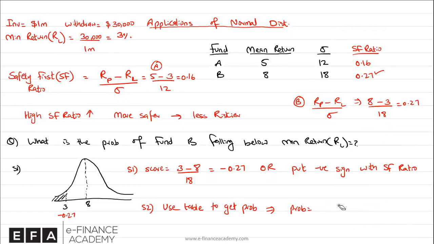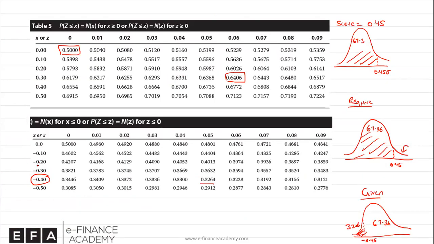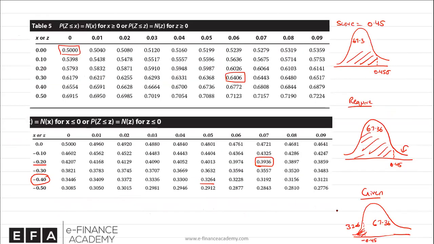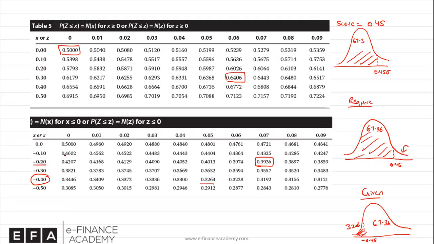You'll have to subtract this from 100, or let's go to the negative table. Minus 0.27 in the negative table is right here, which is 39% probability. So this will be around 39.36%.